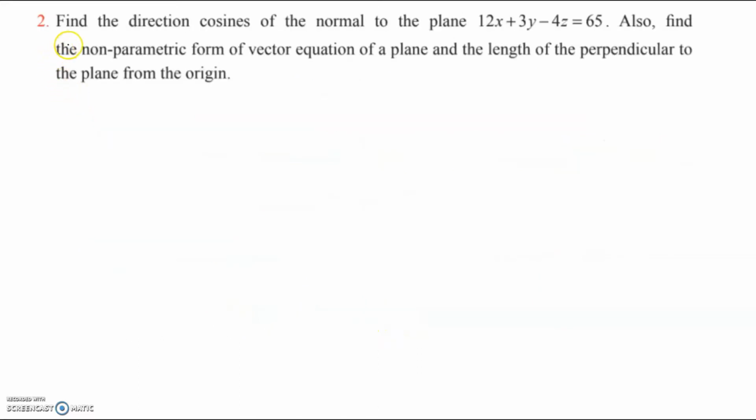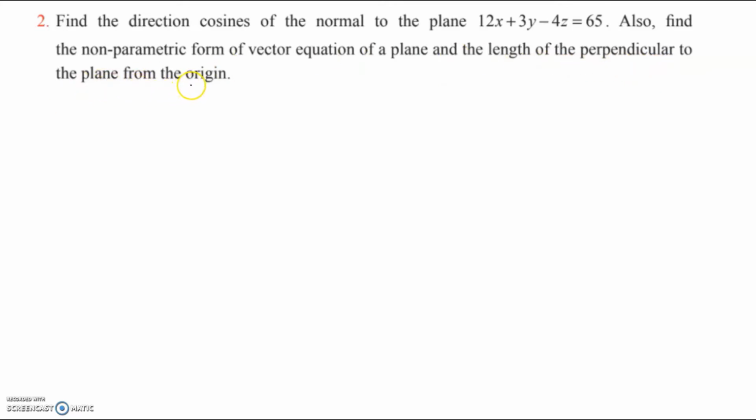Question number 2. Find the direction cosines of the normal to the plane 12x plus 3y minus 4z is equal to 65. Also find the non-parametric form of vector equation of a plane and the length of the perpendicular to the plane from the origin.